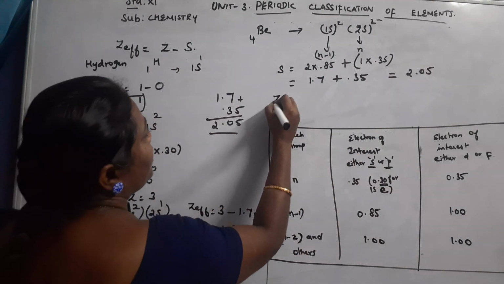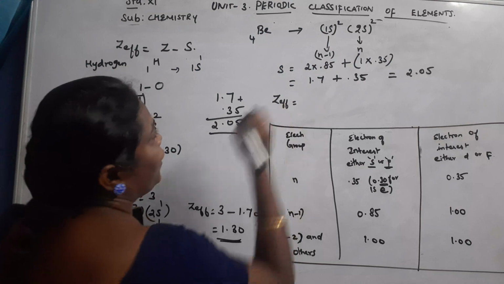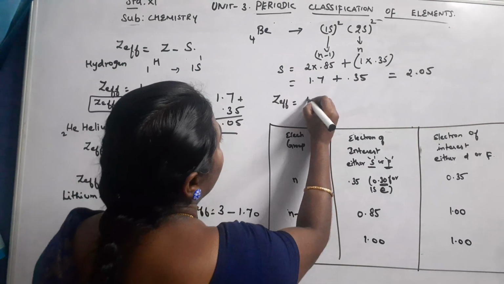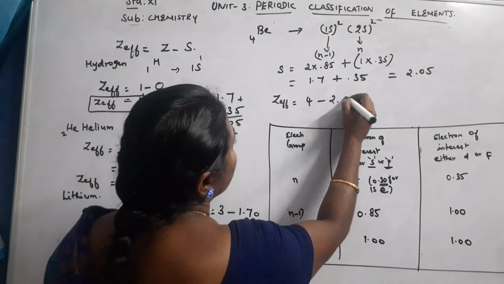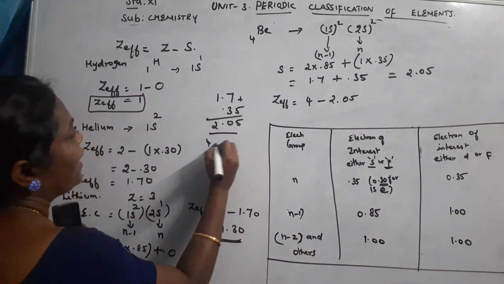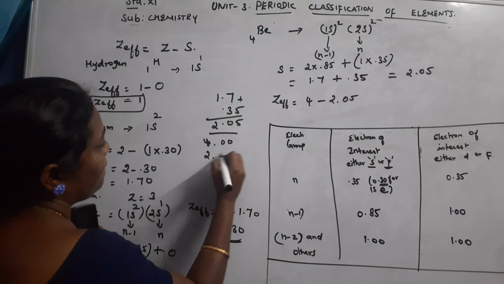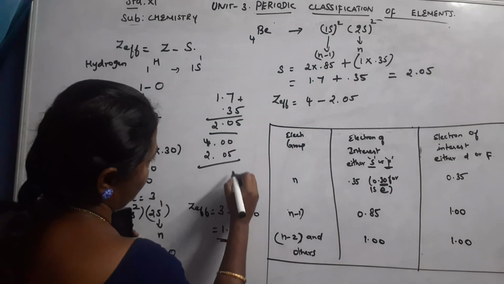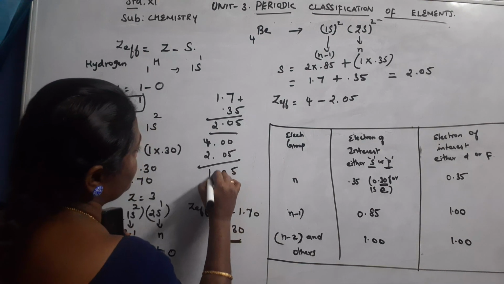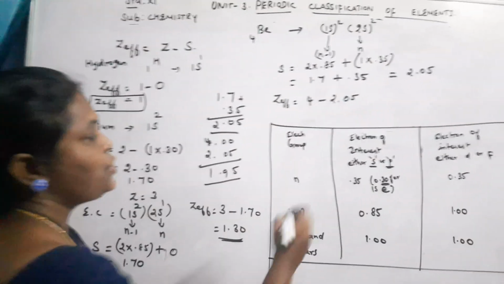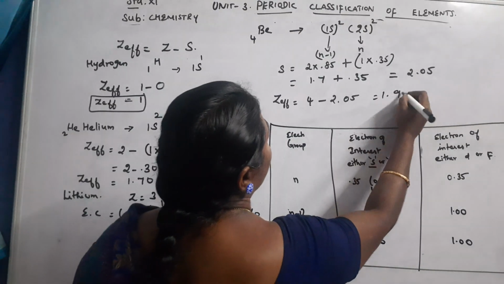Therefore effective nuclear charge equals atomic number minus S. What's the atomic number? 4 minus 2.05, which is equal to 1.95.